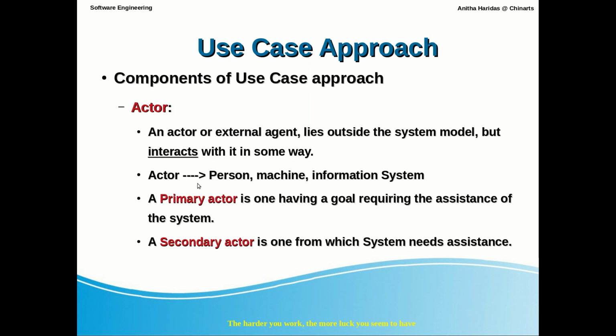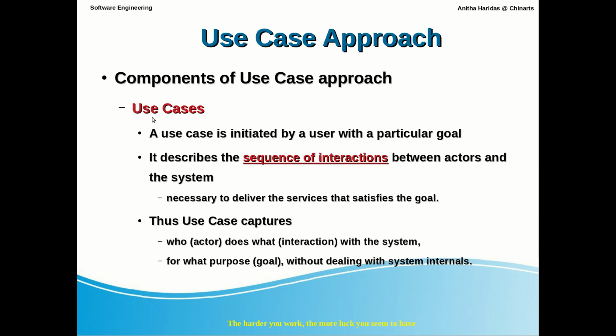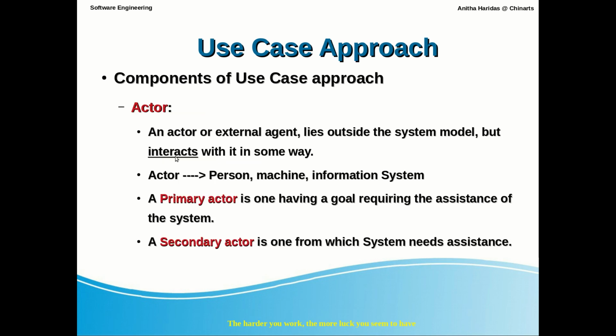Now, the two components of the use case approach are one, an actor, and the other, use cases. These are the two components of the use case approach. Actor is nothing but an actor, or it can also be called an external agent.